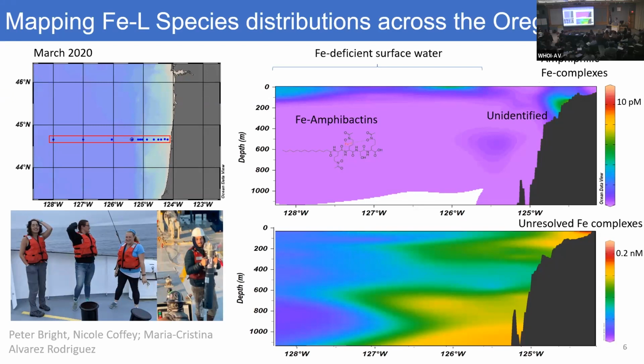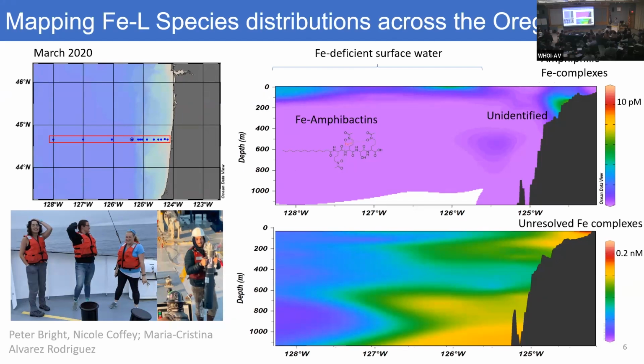In the surface, we have these amphiphilic siderophores, amphibactins, that only accumulate in the surface waters offshore, where we have much lower inputs of these dissolved iron complexes. These are high nitrate regions with low iron, so iron deficient waters, and these amphibactins are basically the strategy that microbes are using to assimilate more iron, to fish for more iron in their environment in this iron-starved region.